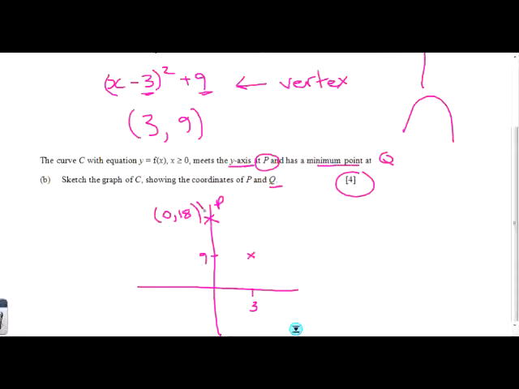If you wanted to, you could check using your discriminant, but you'll see that b squared will be less than 4ac, and therefore it will be a negative number if you were doing the quadratic formula, and therefore it would not be able to solve. Therefore it would not cross the x-axis. But because I know the minimum point, this vertex, is at 3, 9, because of this, I don't even need to do that. So that's what we're looking for. So that is Q, and that is 3, 9.